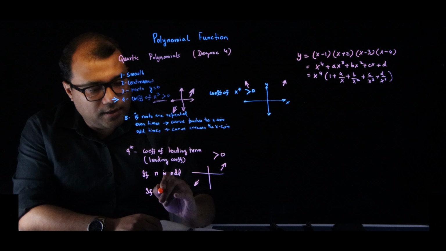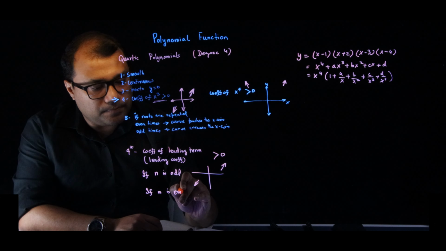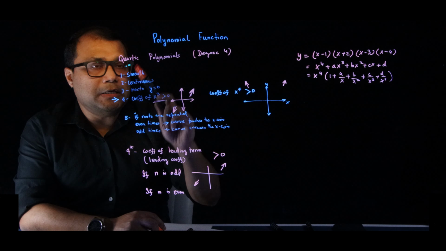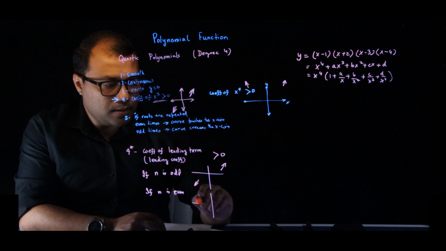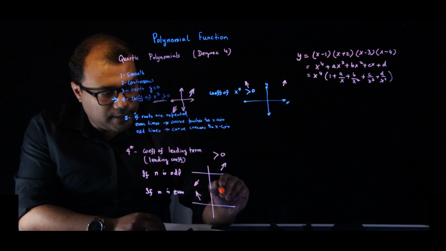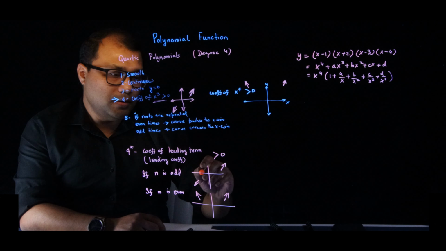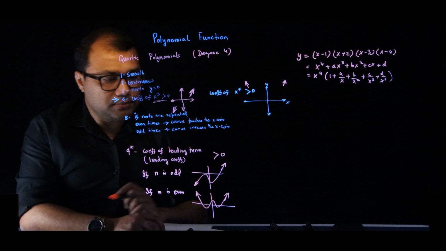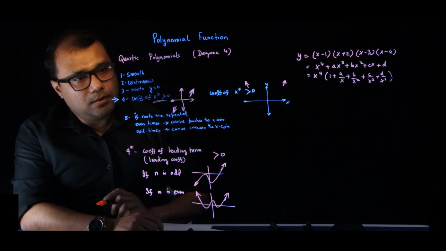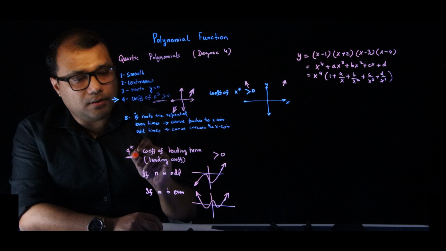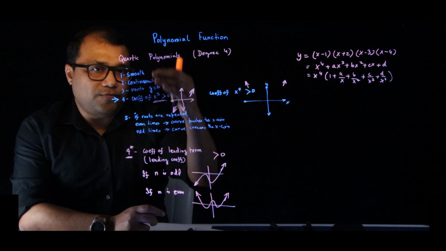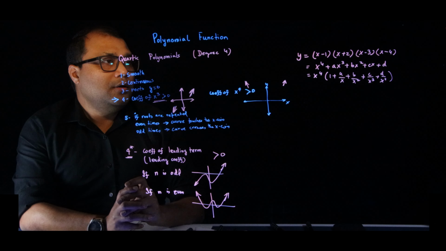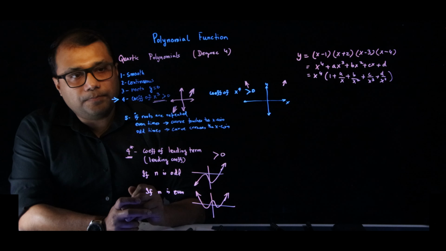If n is even, which is the case when it's a quadratic equation or a quartic equation, then the graph will be like this. So just remember this one. With these 5 rules, it becomes very easy to plot the graph of any polynomial now.